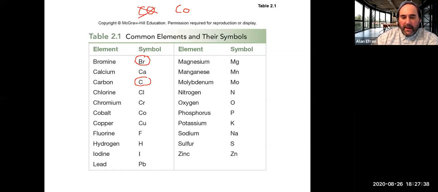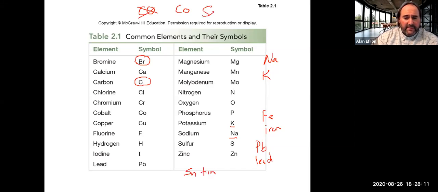Now, some symbols go with where things were discovered or the scientists that discovered them, so some things have interesting symbols and names. Some common ones that we see a lot: Na is sodium, K is potassium, Fe is iron, Pb is lead, Sn is tin, that's a common one.